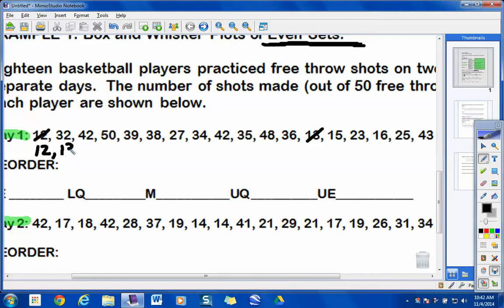Oh, so 15 and then 16, is that right, gang? Okay. Now again, in order to do this, we've got to put these values in order first. 15, 16. All right. 23, then 25 and 27, are those the values in the 20s?